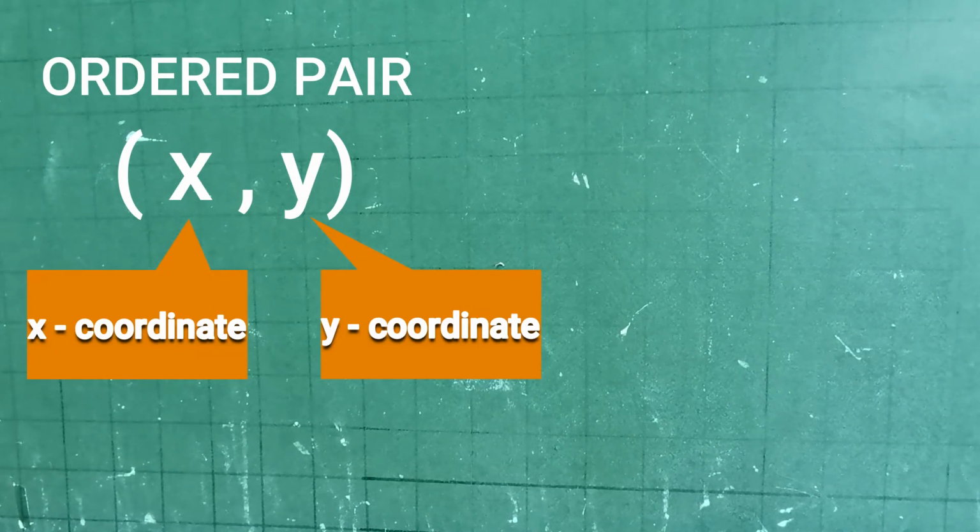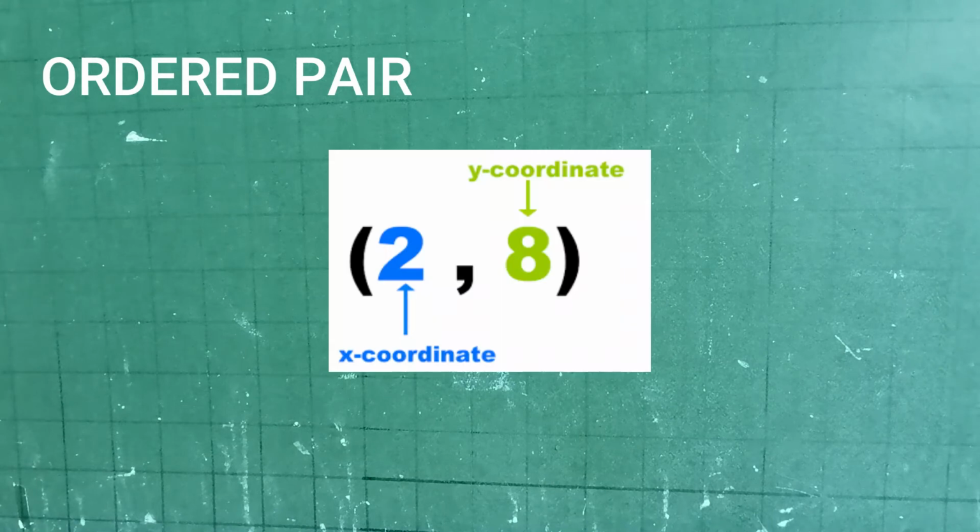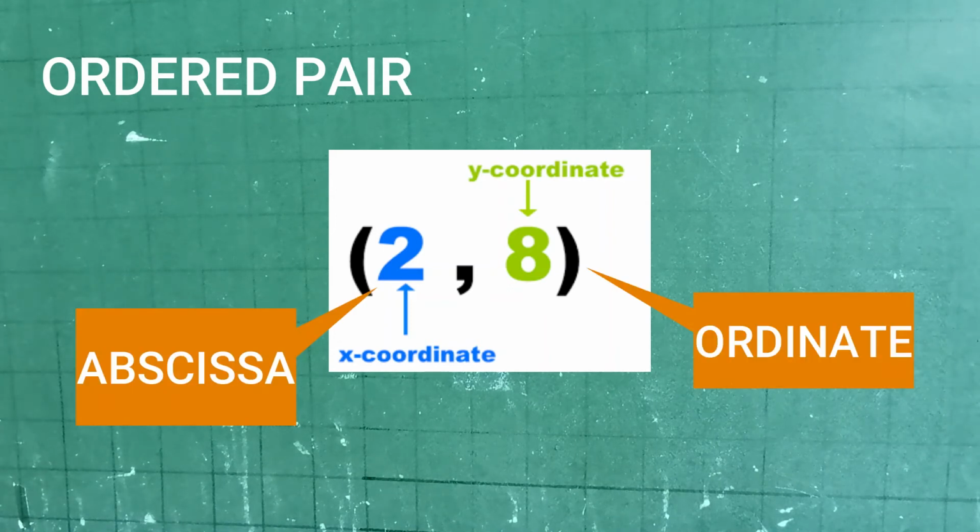O sa ating point representation, yung first number that is our x coordinate, and yung second number, yun naman yung ating y. So we have other term for x and y. Tinatawag din natin ang x na abscissa and yung y coordinate as ordinate.